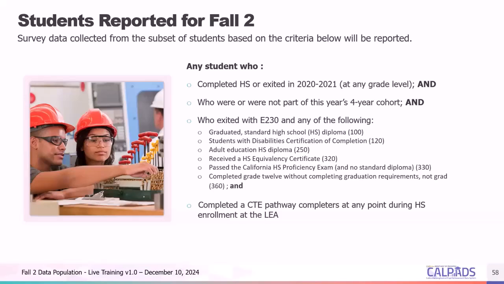And this should include any student who was a CTE pathway completer at any time during high school and who exited with a school completion status code of 100, graduated with a standard high school diploma, 120, student with disabilities, certificate of completion, 250, adult education high school diploma, 320, received a high school equivalency certificate, 330, passed the CASP, or 360, completed grade 12 without completing graduation requirements, not a grad. And the post-secondary status represents the student's outcomes after leaving secondary education.